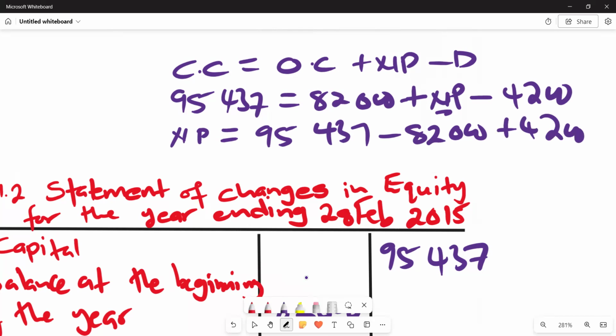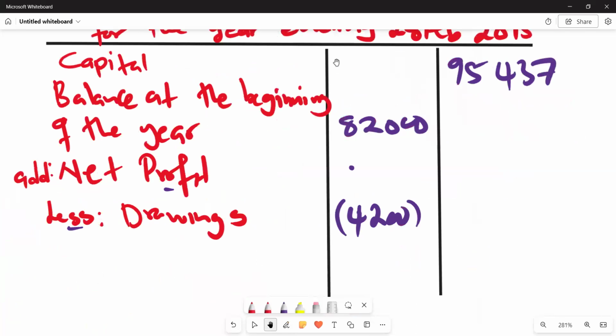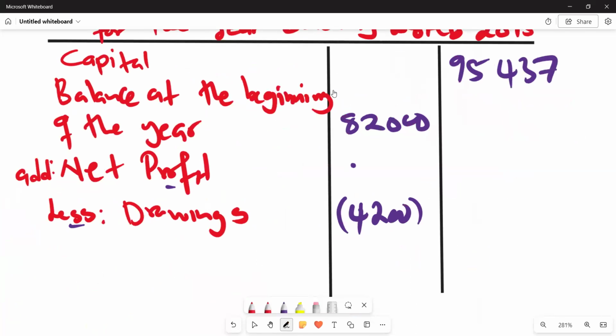We do that for net profit, you're going to get 17,637. So this is the figure for our net profit. This is the figure that we're just going to put there. It's 17,637.